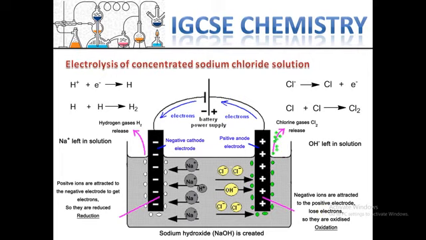Finally, from these four ions that we have, two of them are released in the form of gas, chlorine gas and hydrogen gas. The sodium and hydroxide here can react with each other and make sodium hydroxide. So sodium hydroxide is created in solution.